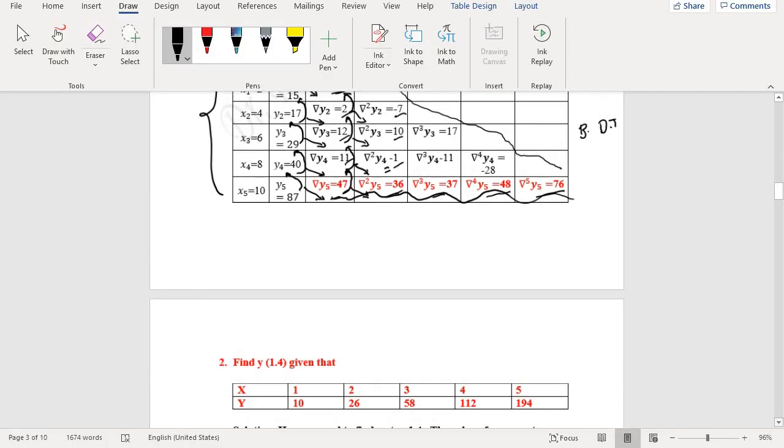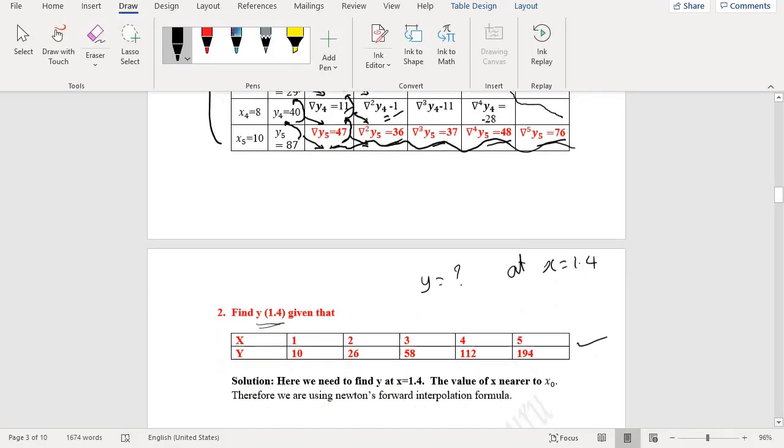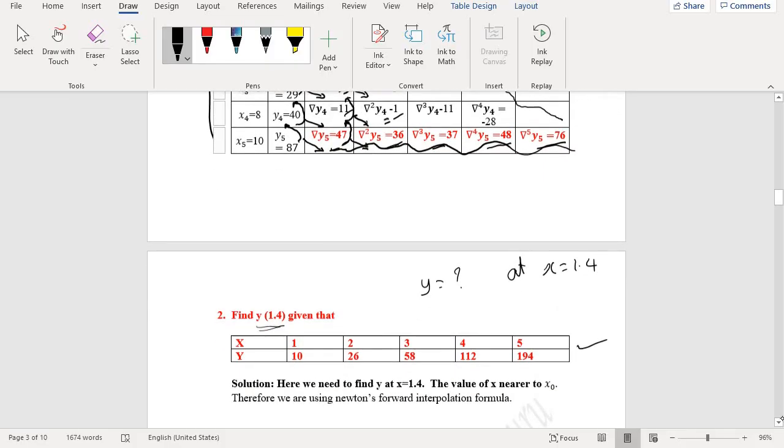The first problem. Find y when x is equal to 1.4. I want to find the value of y at x is equal to 1.4 by using the data. The data is given here, some values of x and the corresponding values of y. Now observe here, x starts from 1 to 5.